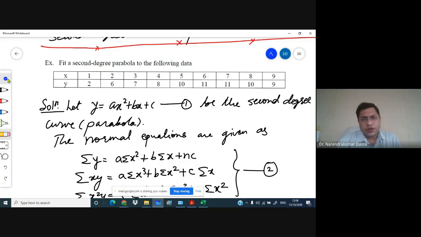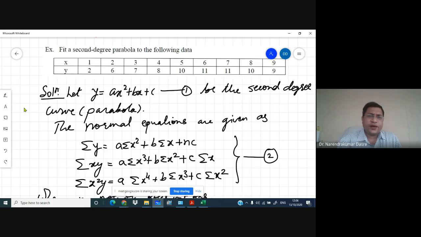Okay. So I hope you have noted the data. Let us find out this table. I am also calculating with you, so please calculate what table you will be getting. Okay, then let us see.